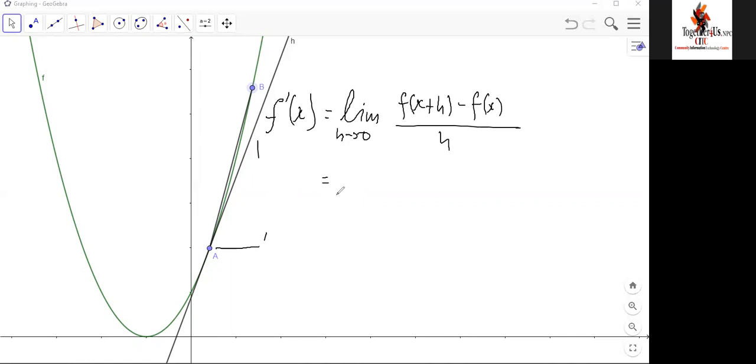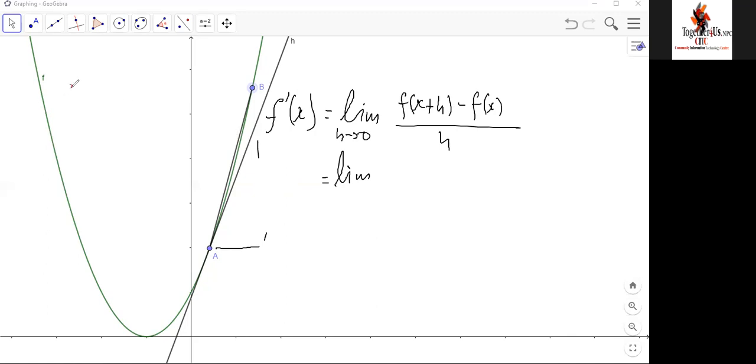Now, this is the limit. My advice really is that you should first figure out f of x plus h, and f of x will be usually given, then just substitute, because I've seen students getting confused here.